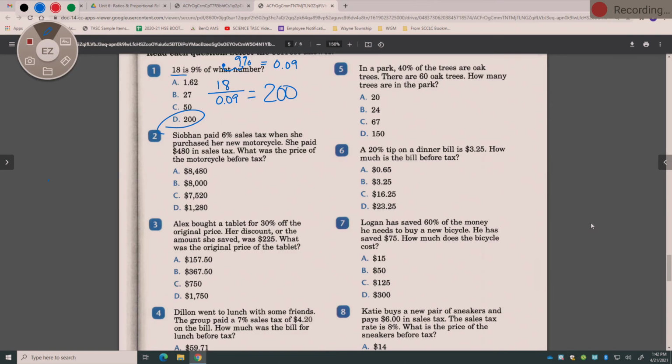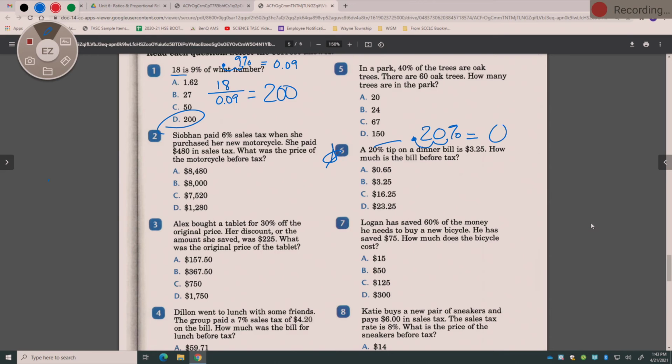So sometimes it looks as easily written out as that. Sometimes it's on a story problem. Let's look at number 6. A 20% tip on a dinner bill is $3.25. How much is the bill before tax? Well, 20%, remember I start at the percent sign and I go 2 spaces to the left and draw my decimal.